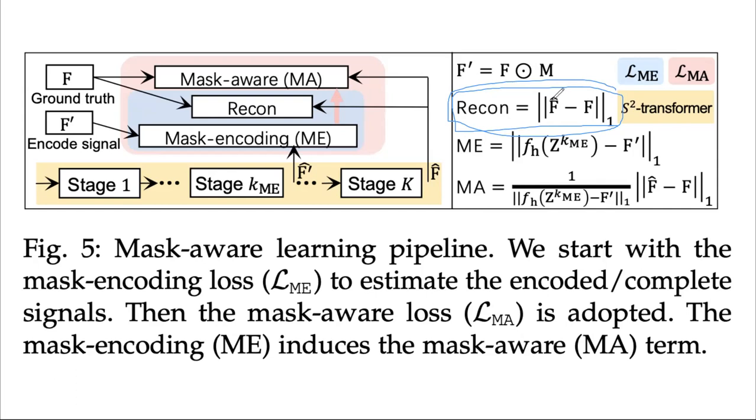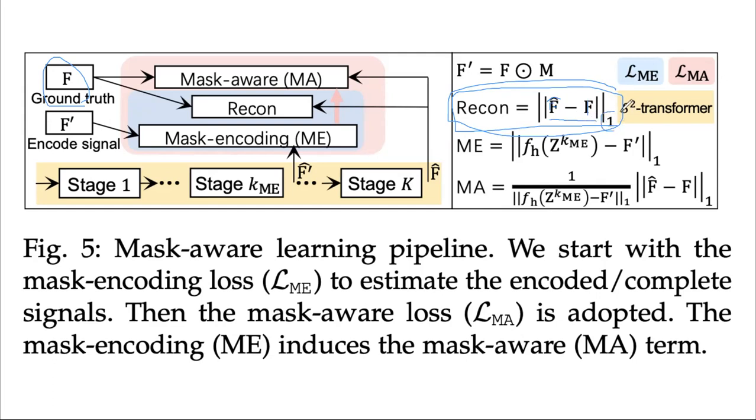Basically you have the prediction denoted as F hat, and then we have the reference, which is the ground truth, so that we want the discrepancy between the prediction and ground truth to be minimal.